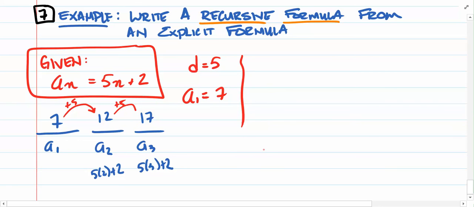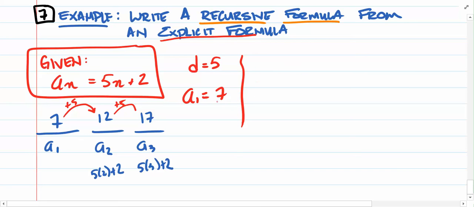If we have all that information, we could write the explicit formula. But we already have the explicit one. We need to write the recursive formula.